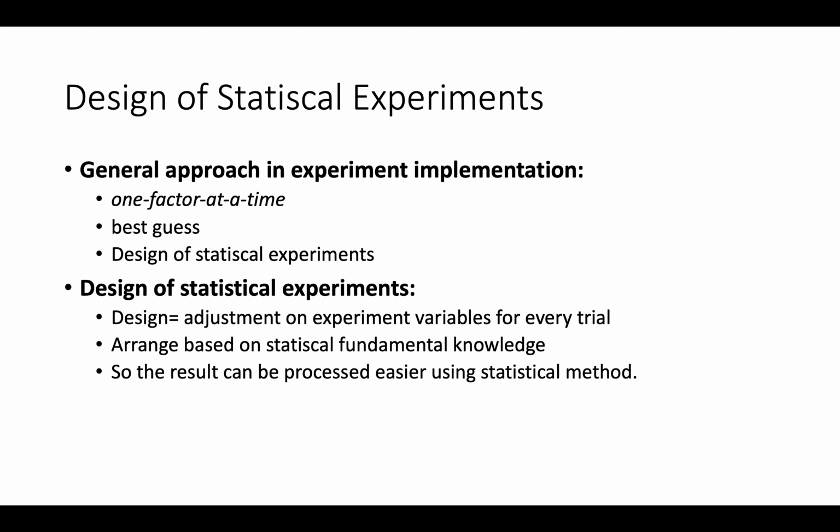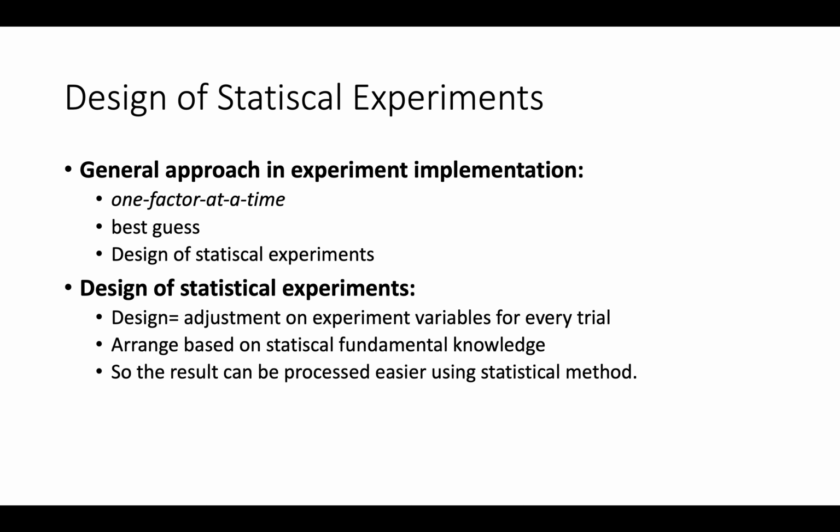And the third one is the design of statistical experiments. In the design of statistical experiments, we adjust the experiment variables for every trial. These adjustments are arranged based on statistical fundamental knowledge. The results of this experiment can also be processed using statistical methods.